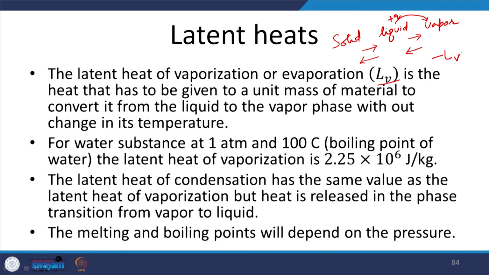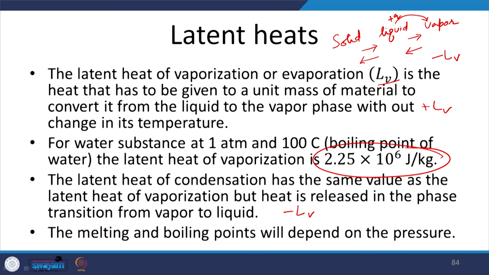The latent heat of vaporization is 2.25 × 10^6 joules per kg. The latent heat of condensation has the same value as the latent heat of vaporization, but heat is released in the phase transition from vapor to liquid. So, here it is plus LV and here it is minus LV, but anyhow the value is still the same, 2.25 × 10^6 joules per kg.